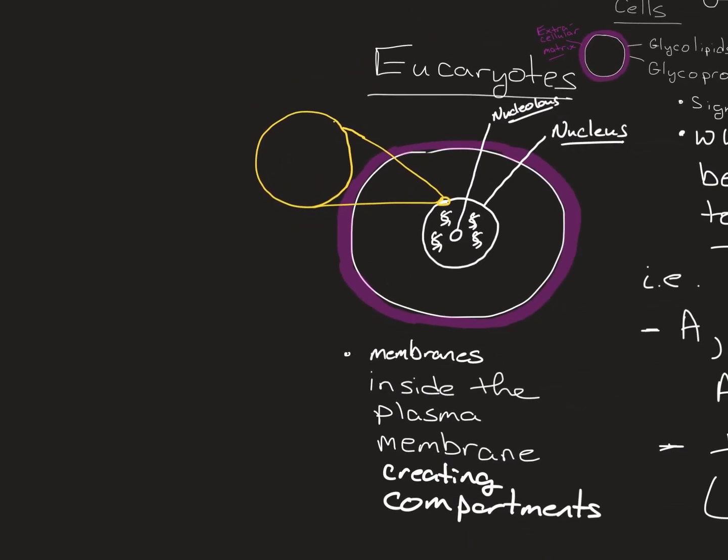And when we zoom in, let's say I made the nucleus yellow. So I'm going to make the membrane yellow, this inner membrane. The white one is the plasma membrane or cell membrane, right? Everybody get that?